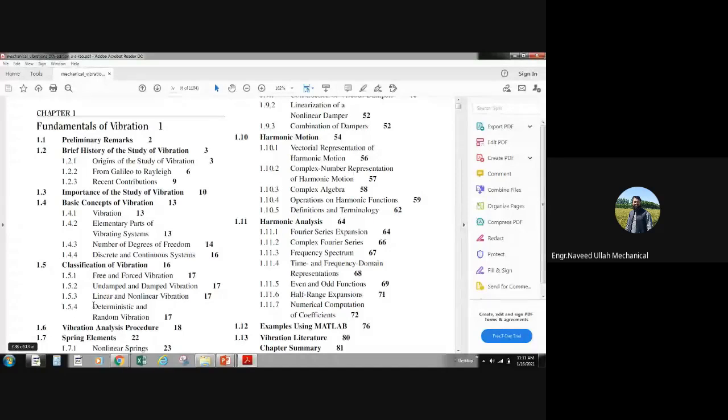Because there is a rule of thumb that if you know about the input, you can expect more or less a similar output from the system. Like if the system is excited harmonically, you can expect a similar harmonic response in the system. The same is the case for periodic motions, and similarly impact motion, etc. But in the case of random vibration, we cannot develop such a relationship between input and output. So that is basically random vibration.